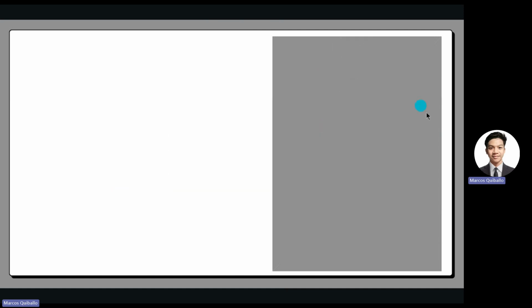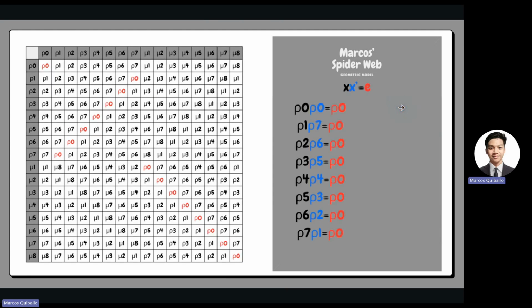So the last requirement is that it must have an inverse element for all. As what you can see here, by using the formula x times x prime is equal to e, the blue colors are the inverse of the elements for each.